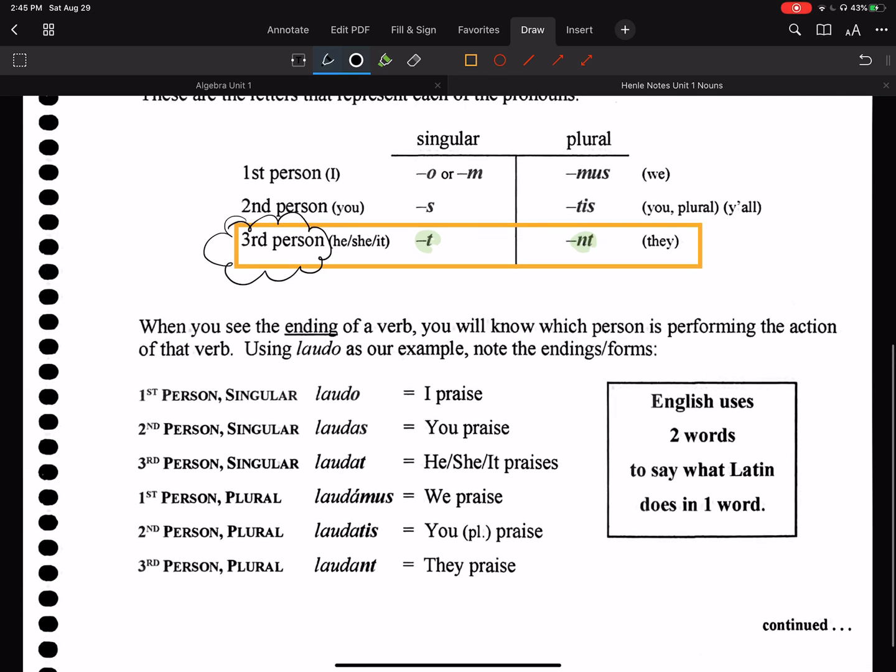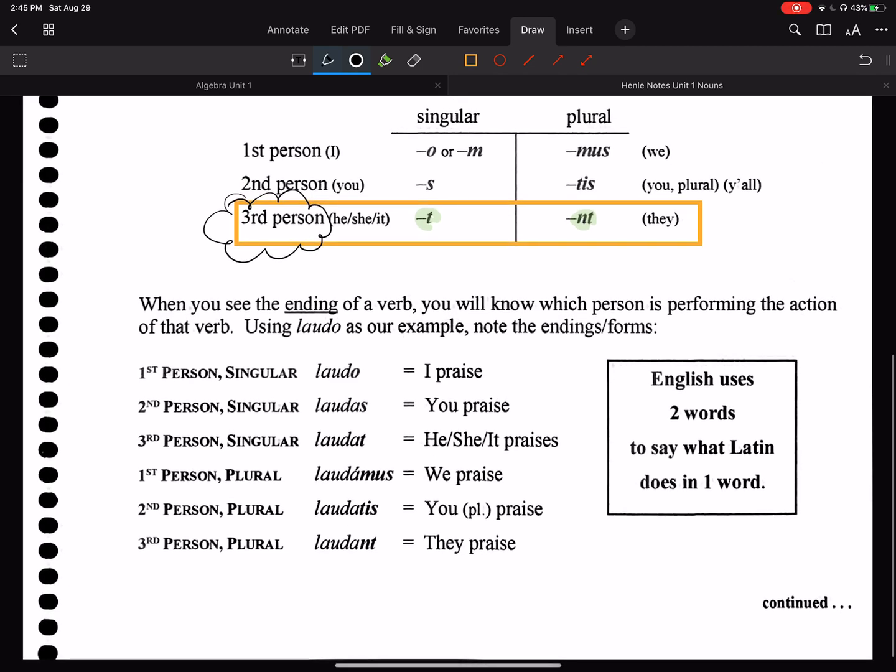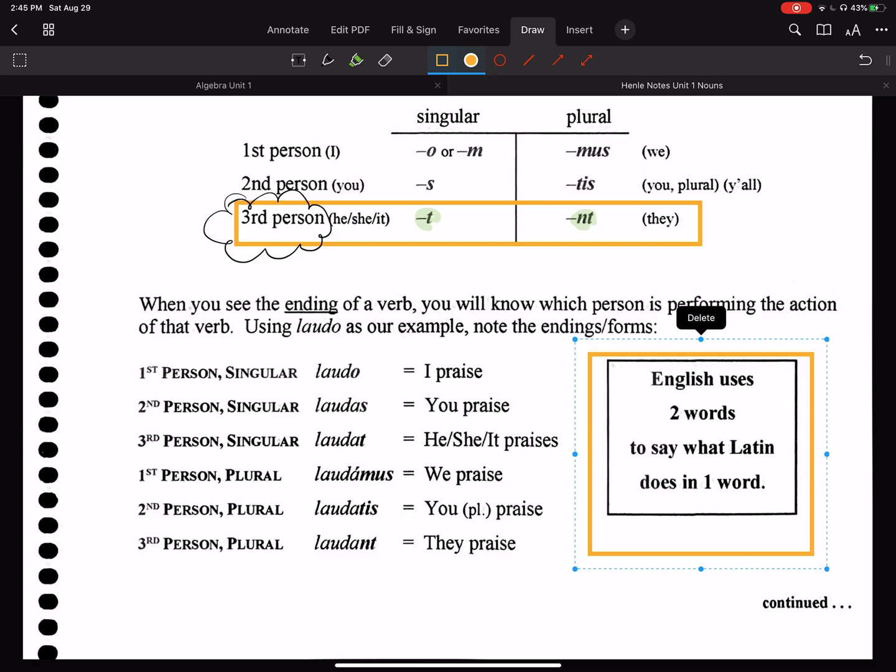And these types of verb charts, whatever language you take, you'll have to memorize. You take French, you'd have to memorize this chart. If you took German, you'd have to memorize a chart like this. If you take Spanish, you'd have to memorize a chart like this. So this is something that all languages have, and of course, so does Latin. Now, as we said, English uses at least 2 words to say what Latin does in 1 word.